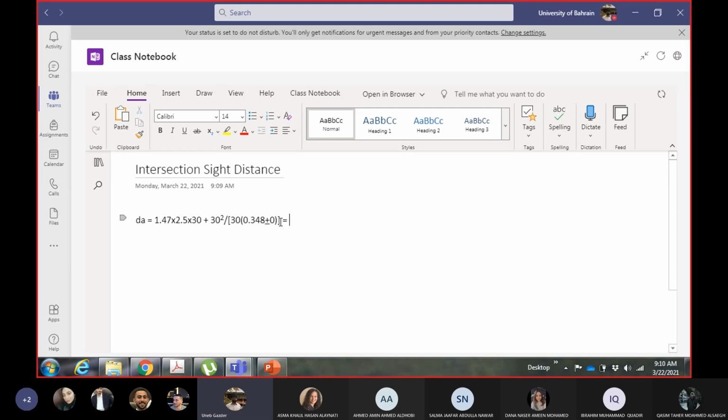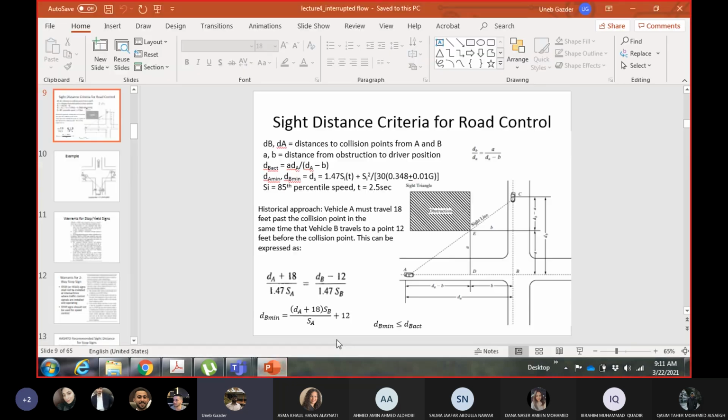How much is this? It is 119.8 feet. Now you can calculate dB minimum using the equations which we have.